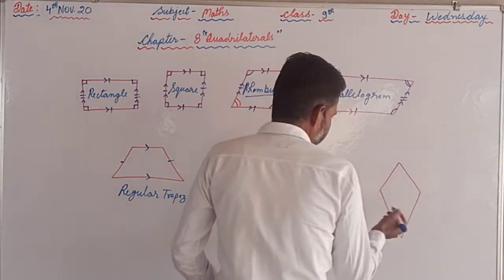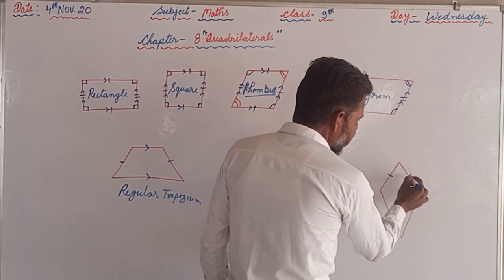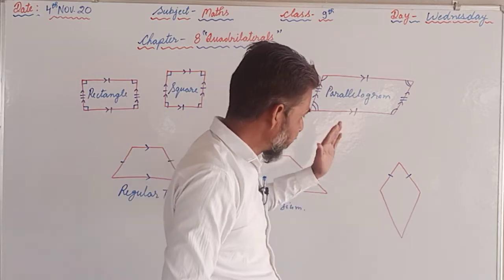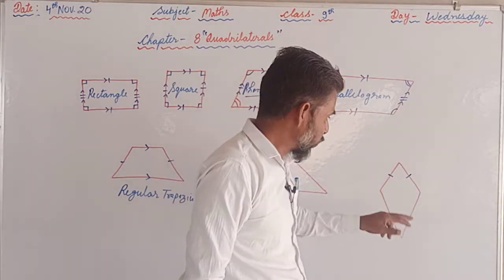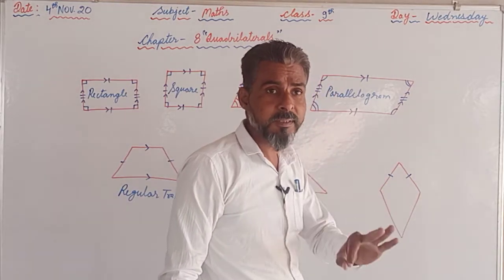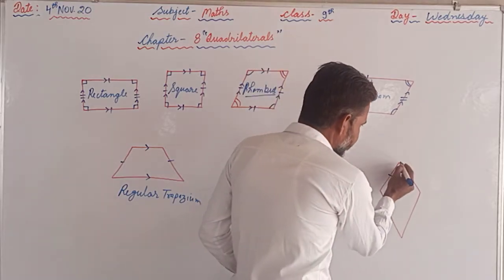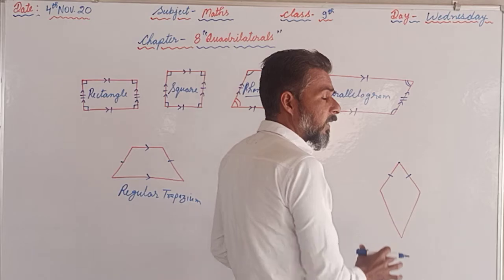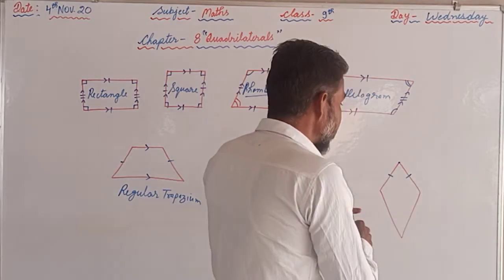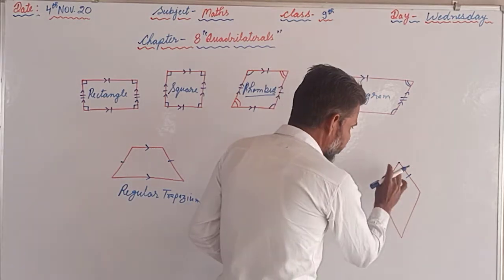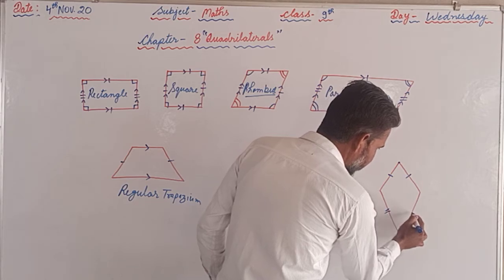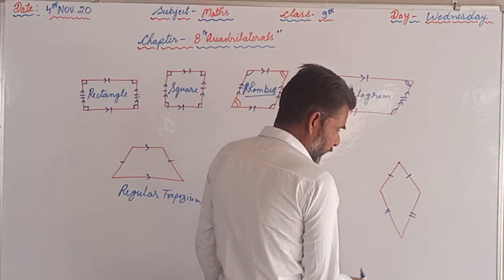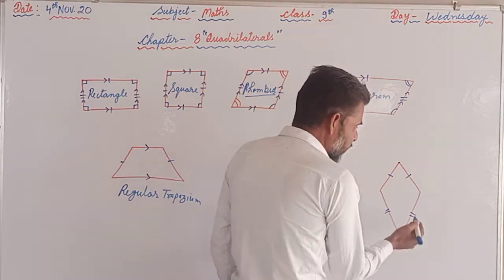And the last one is there, in which the adjacent sides, these are the adjacent sides. Which are the adjacent sides? Adjacent sides are those sides which are having at least one point common. So, here this point is common in this as well as this side. So, these are adjacent sides. If in a figure adjacent sides are equal, this side is equals to this side and this side is equals to this side, then again their opposite angles will be equal.